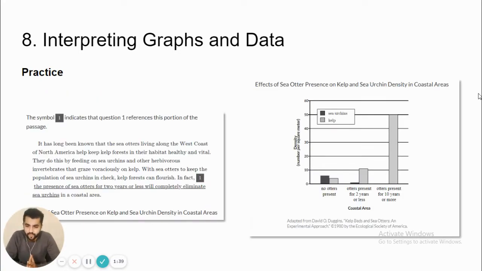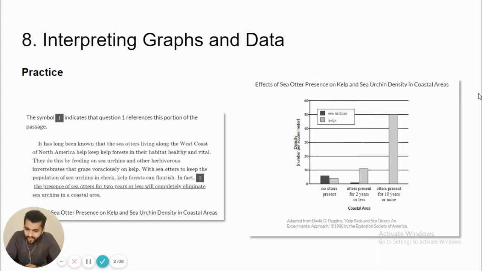Right, so let's do a practice question. The passage is: it has long been known that sea otters living along the west coast of North America help keep kelp forests in their habitat healthy and vital. Kelp forests, I think, are a type of forest, since I haven't come across the word kelp previously, but that doesn't matter.